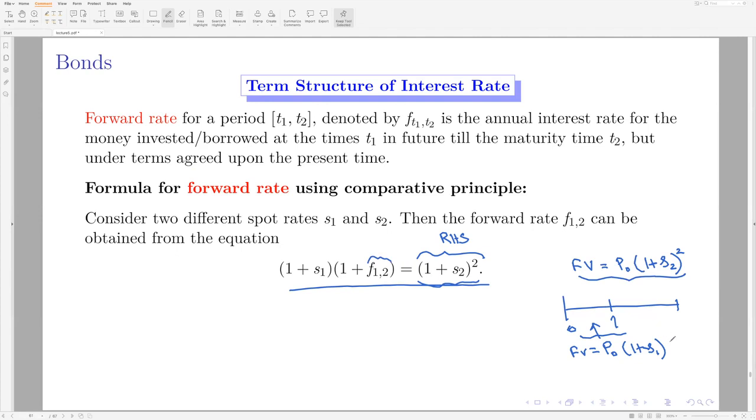Thereby you have this, which is precisely the future value of this scheme. That is, the first year you will go with this bond, and then the second year you will exit this bond and get into your forward agreement for the remaining 1 year. So you equate these two.